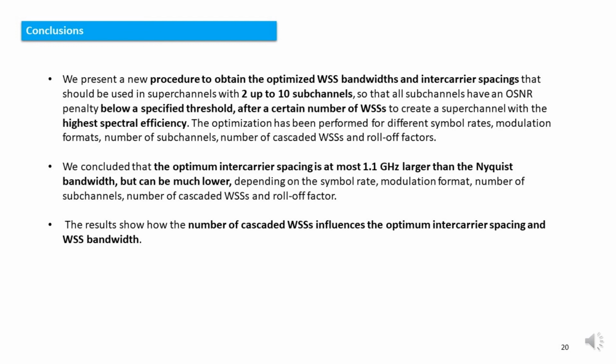All of these must be considered to obtain the optimized WSS bandwidth and intercarrier spacing to achieve the highest spectral efficiency in the superchannel. It must be emphasized that the number of WSS has a very significant impact on the optimized WSS bandwidth and intercarrier spacing.